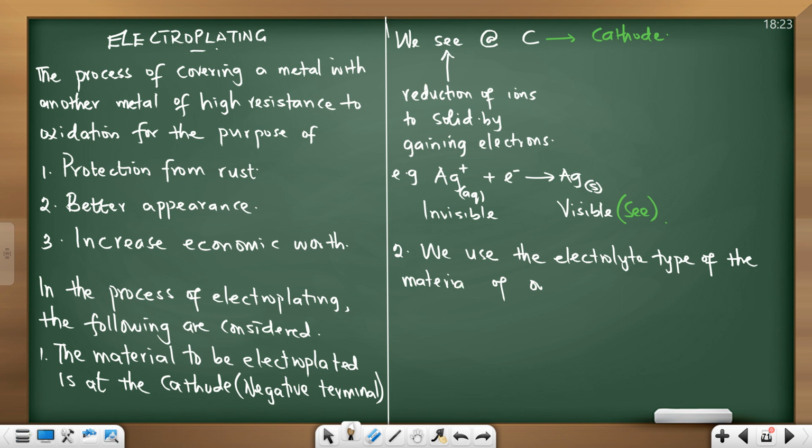That is, to electroplate with silver, we use a silver electrolyte.